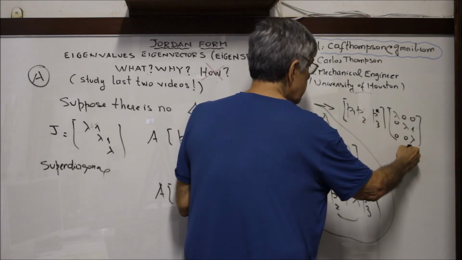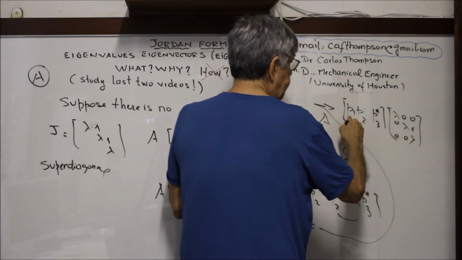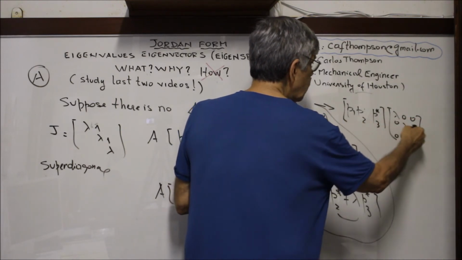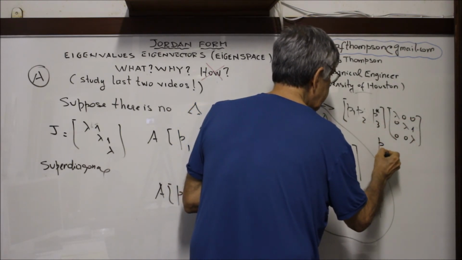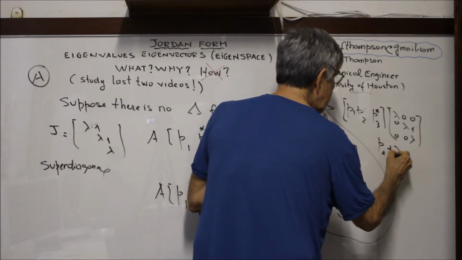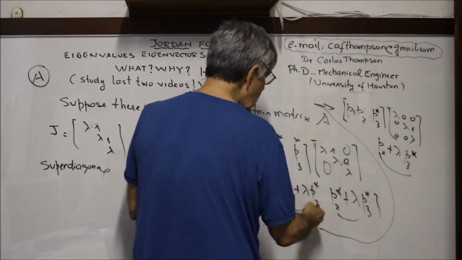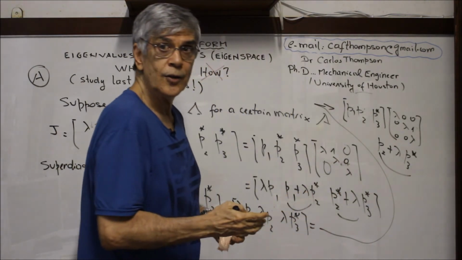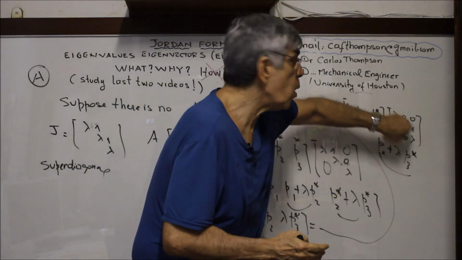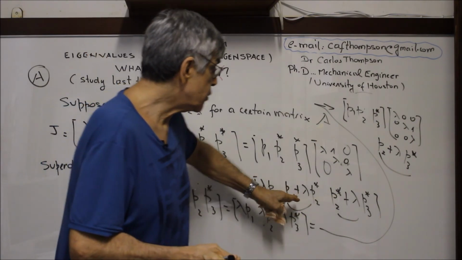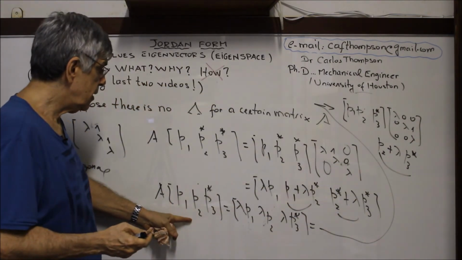When I multiply here, P1 times 0 is 0. Now, P2 times 1 is P2 plus lambda P3 asterisk. This will be the last column. You see what I mean? So, playing with ones on the super diagonal, I can get different P's.